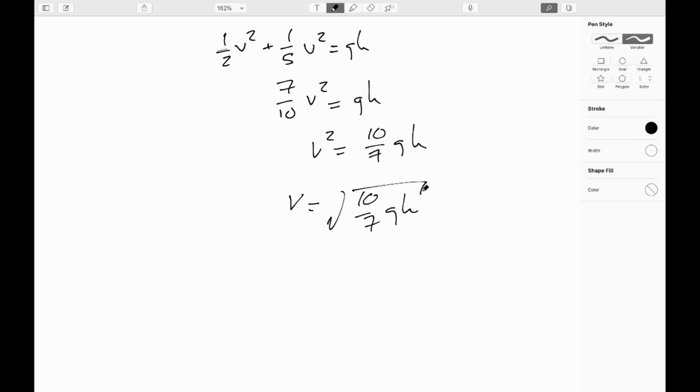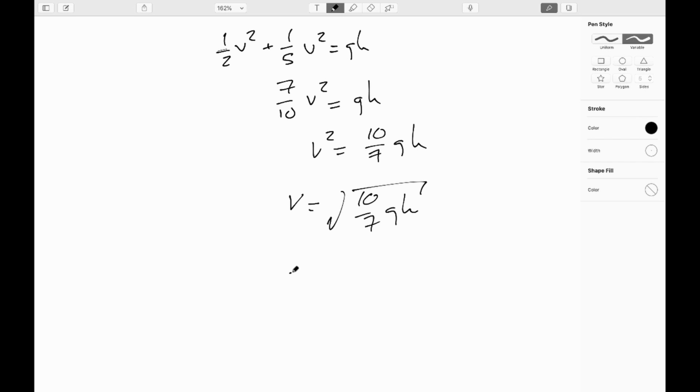Now, if you think about a problem where, say, we had a hockey puck slide down a similar ramp, instead of a 10/7 here, you would have had a 2. So because we're rolling, our final speed will be lower than if you're just plain sliding. And this is because some of the energy went into making all the mass of the bowling ball move around the bowling ball.